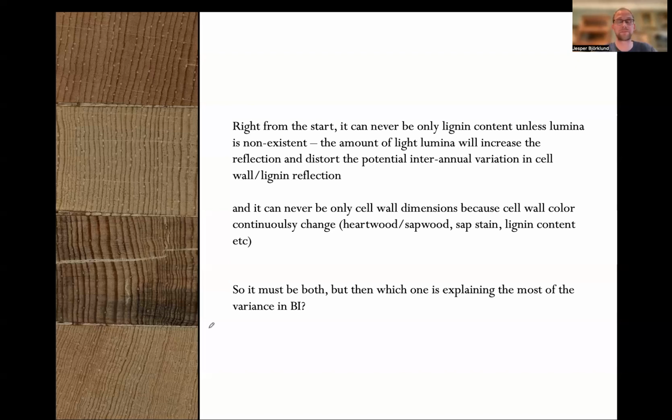So it must be both, but the interesting question becomes which one is explaining the most useful variance for us in BI in terms of cross-datable variability and climate variability in the BI.